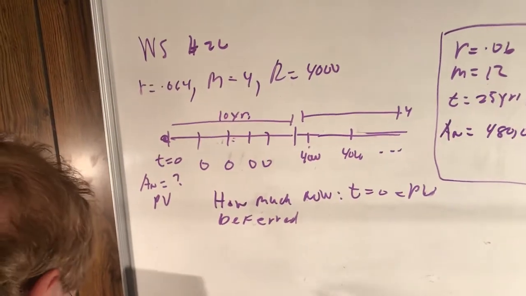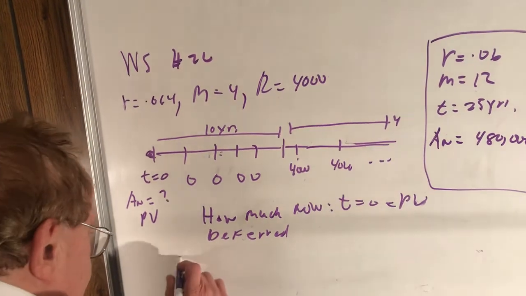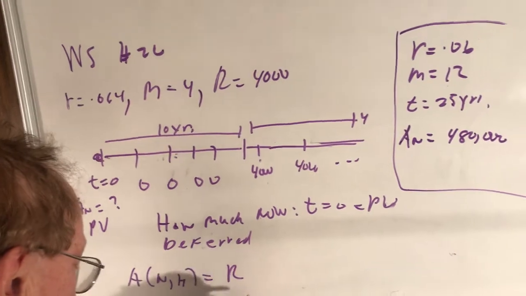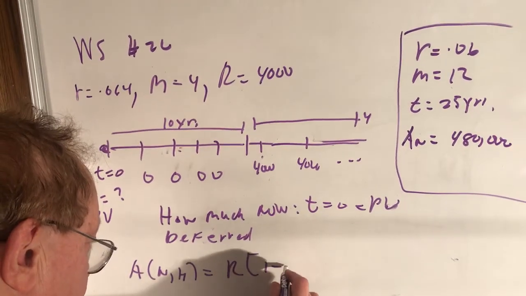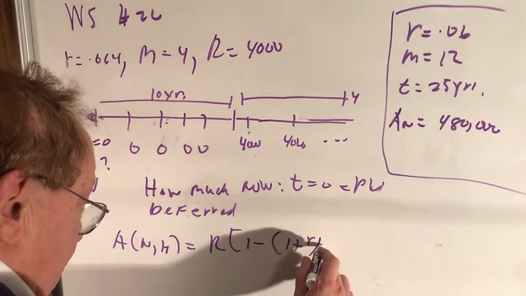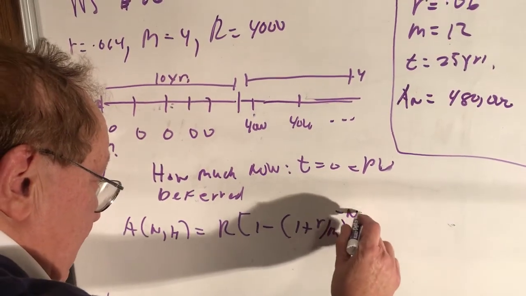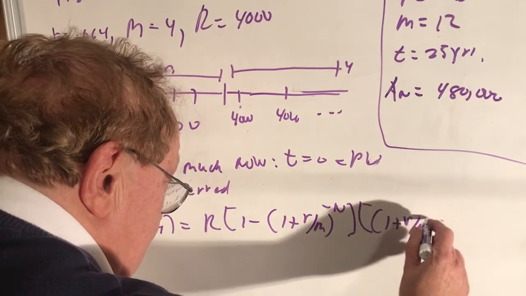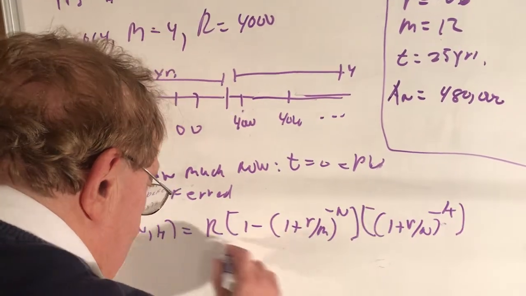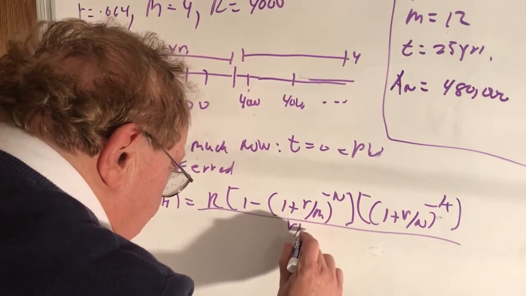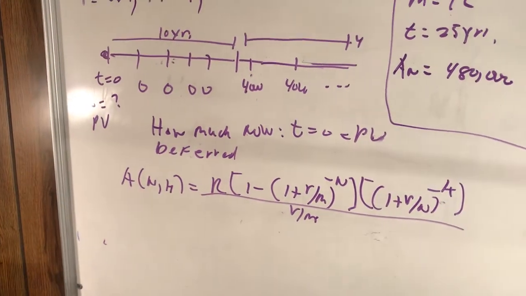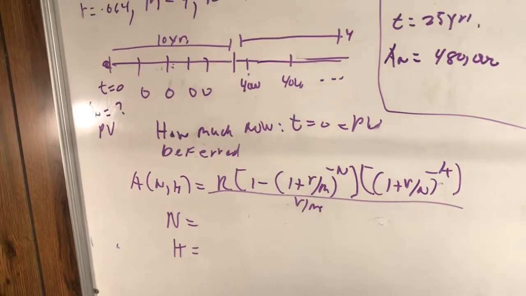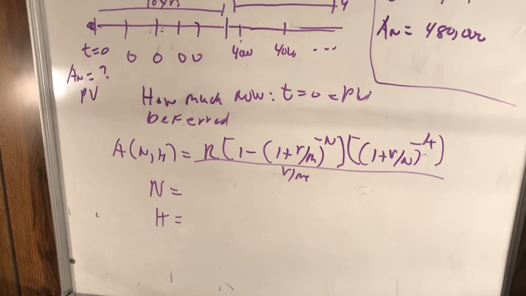Okay, so we're going to have A sub N K equals R times 1 minus 1 plus R over M to the minus N, times 1 plus R over M to the minus K, over R over M. This is the deferred one. So we've got to find N and K. Well, you're paying every quarter, correct?